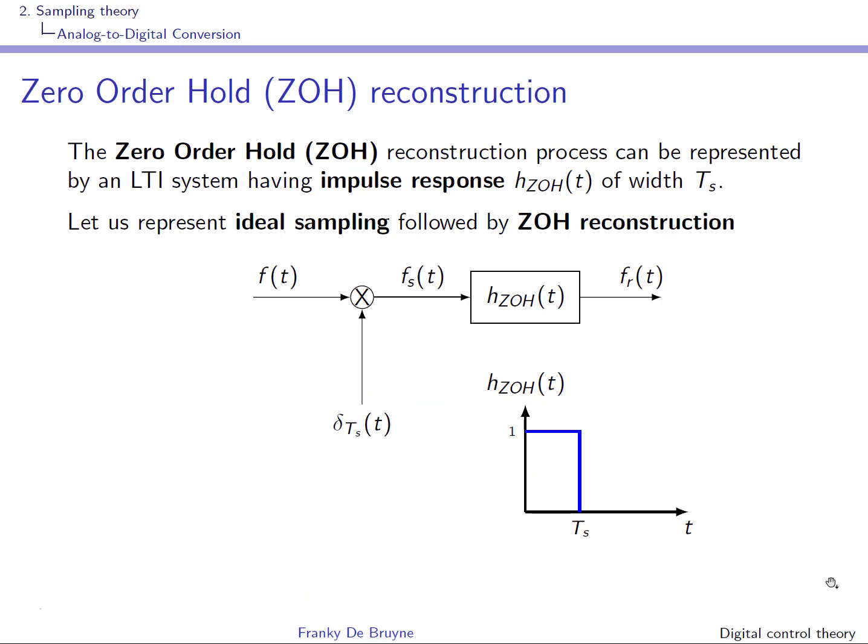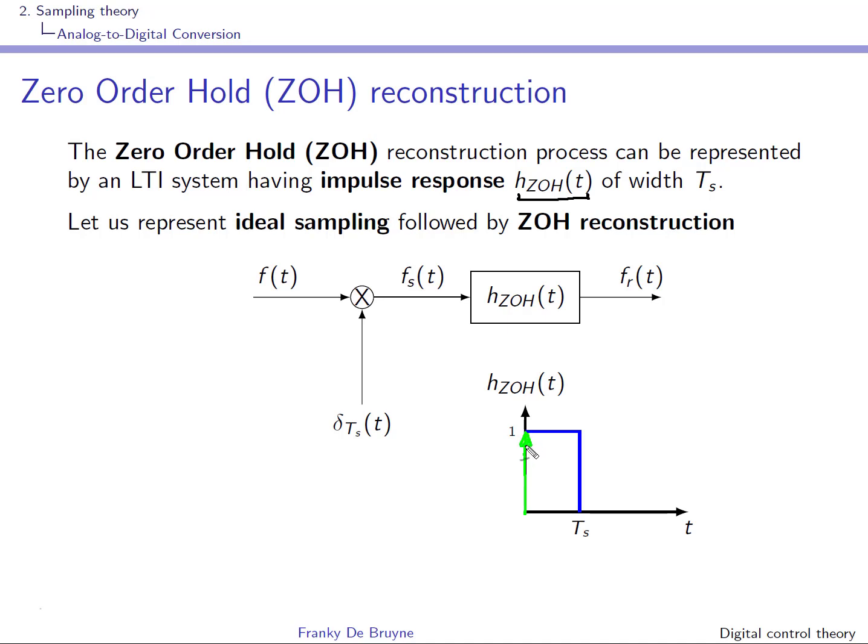The zero order hold, or ZOH reconstruction process, can be represented by its impulse response. Of course, this is the case for any process that is linear time invariant. So the question is, how do we obtain the impulse response? Well, the answer is simple. We have to put an impulse at the input of the process, and here the process is this zero order hold reconstruction.